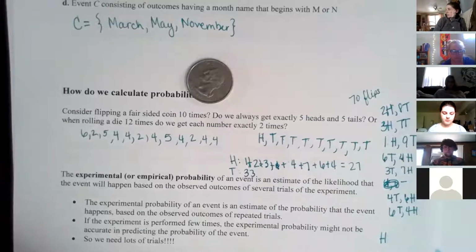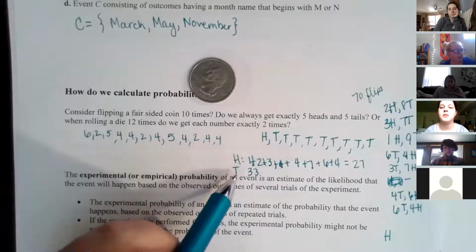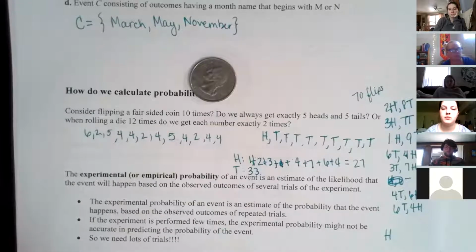So is that really close to half of them being heads and half of them being tails? Pretty close.